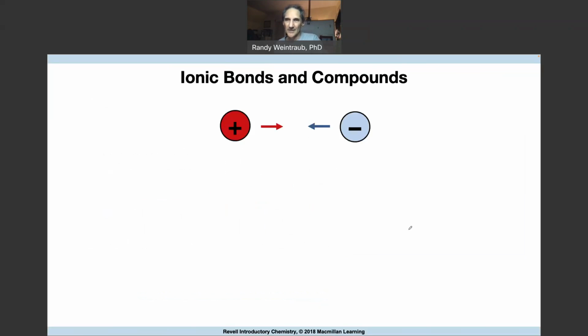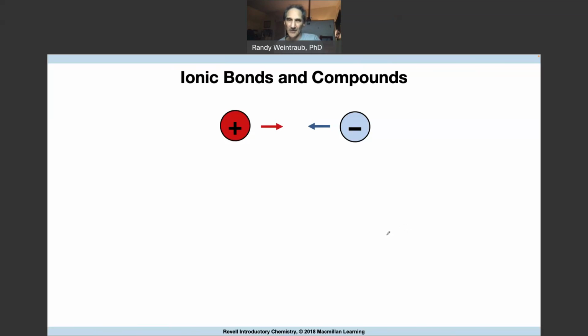Opposite charges attract each other. Positive and negative ions, when they come near one another, stick tightly to one another. The force of attraction of opposite charges is, in fact, the force that forms ionic compounds, the ionic bond.